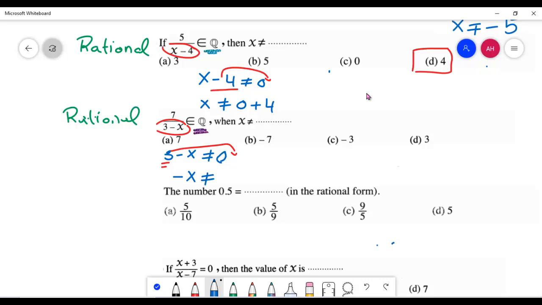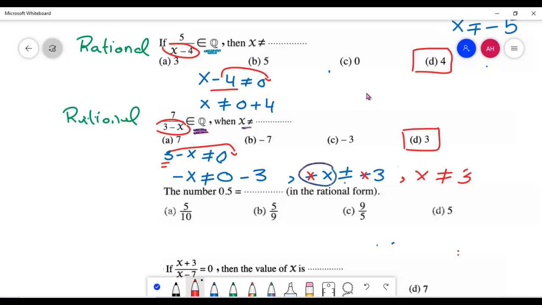Negative x is not equal to 0 minus 3. So negative x is not equal to negative 3. Now, I am looking for x is not equal to what? Not negative x. What can I do to take away this negative sign? Simply, we cancel it from here and from here as well. So as a result, I will have x is not equal to 3. And this is my correct answer, which is number D.